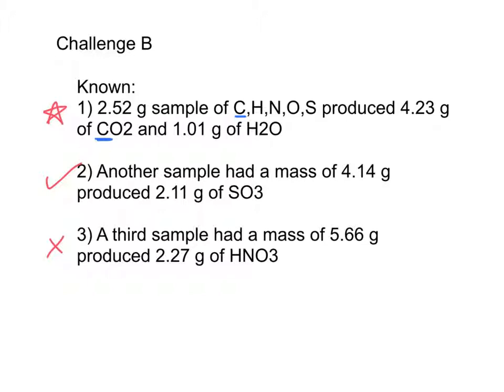Since it produced 4.23 grams of carbon dioxide, that's our only source of carbon. So we have 4.23 grams of carbon dioxide. Going to moles, we have to make everything equivalent.